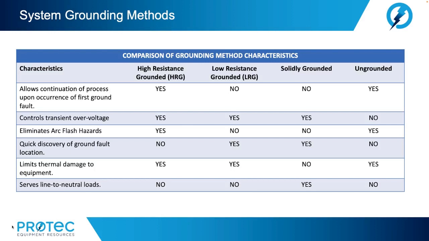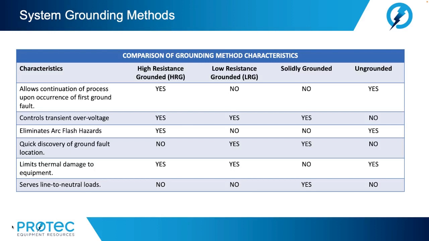Controls transient overvoltages: yes on an HRG, yes on an LRG, yes on a solidly grounded, and no in an ungrounded system. Eliminates arc flashes: yes in an HRG, reduces but does not eliminate in an LRG, not in a solidly grounded, and yes in an ungrounded.